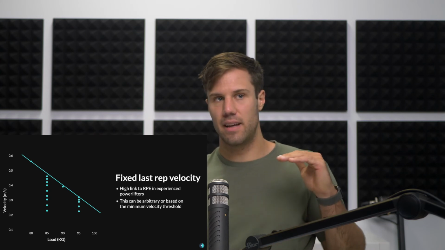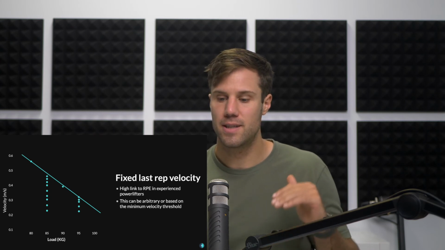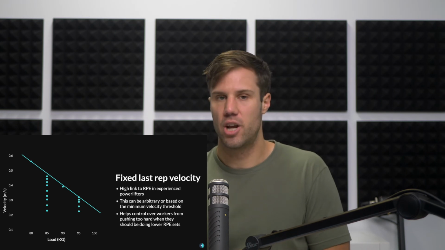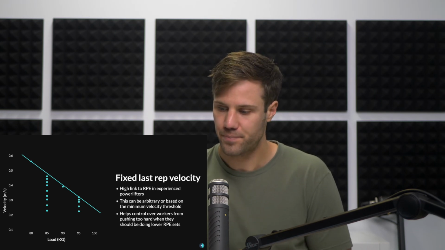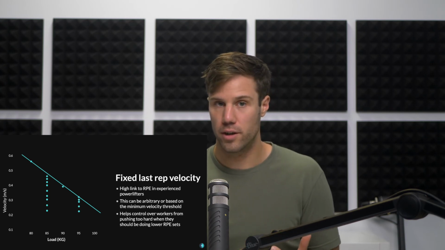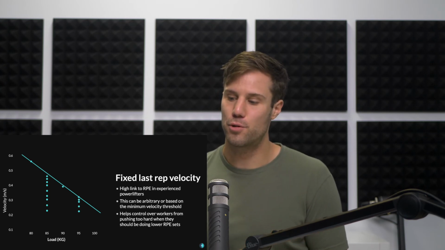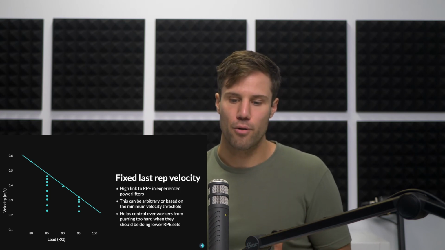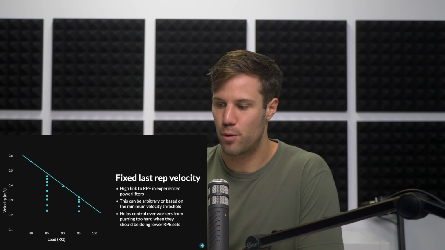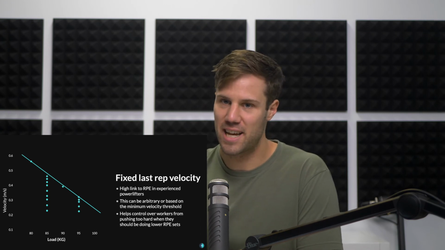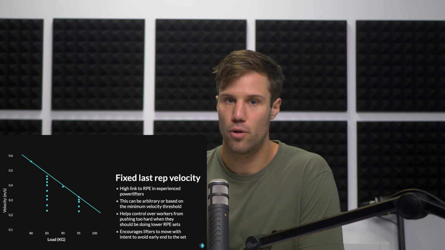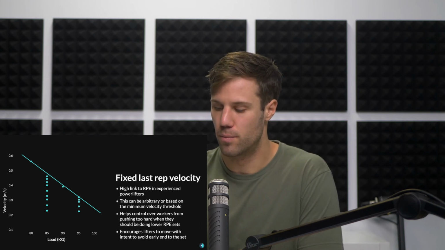Even if you don't know your minimum velocity threshold, you can still set an end last rep velocity number for your sets and change that over the course of a program. This helps control overworkers and stops overtraining athletes from pushing too hard when they should be doing lower RPE sets. So if you've programmed for them to be doing 6.5 to 7.5 RPE, but they keep taking them out to 8.5s and 9s, you can use the last rep velocity to control that, to not let them go below a certain point.